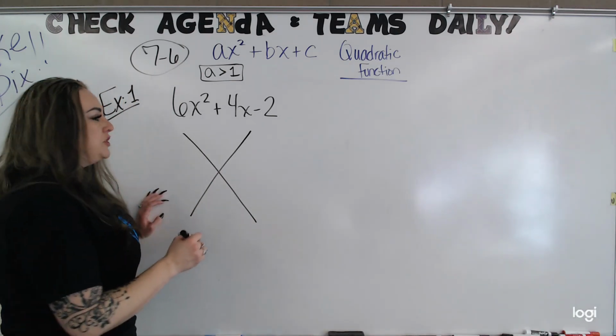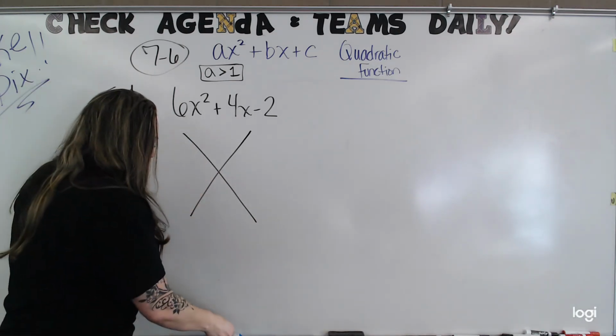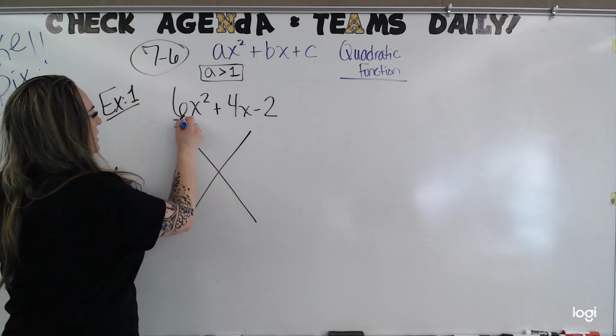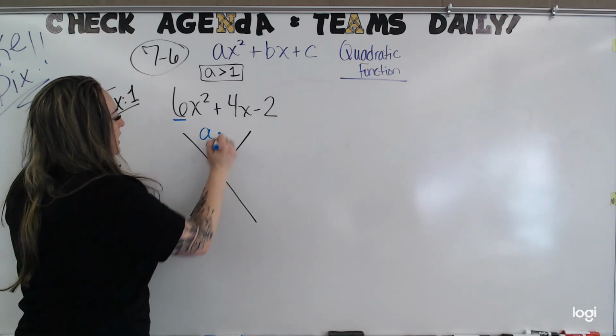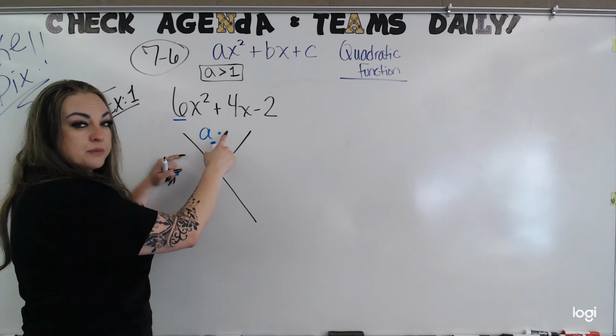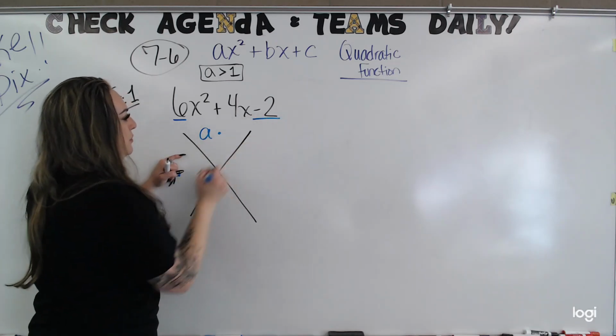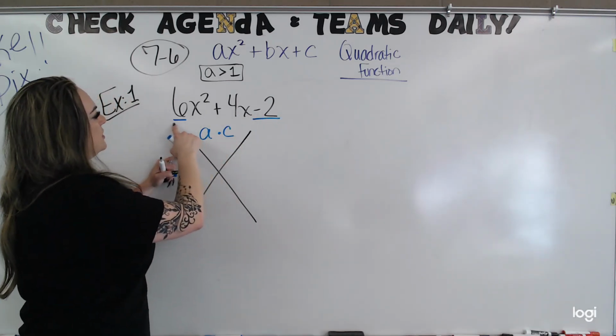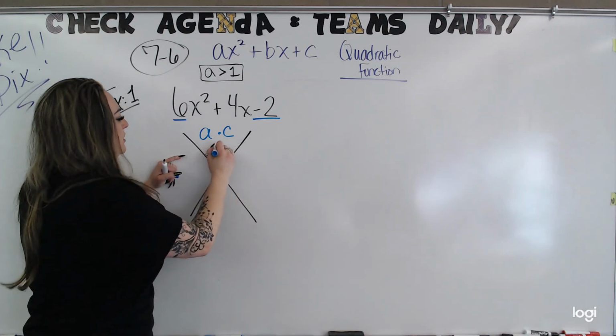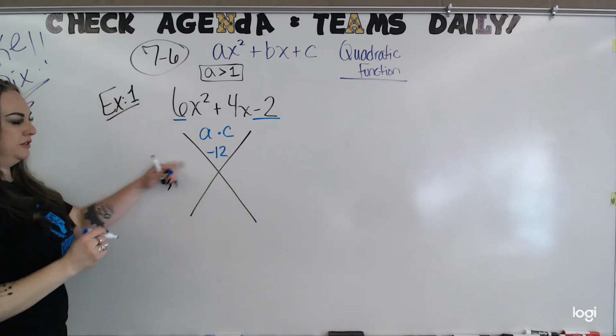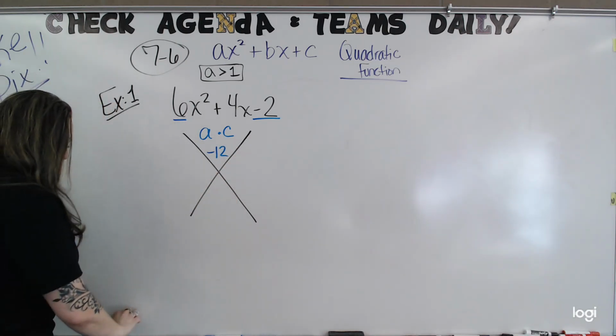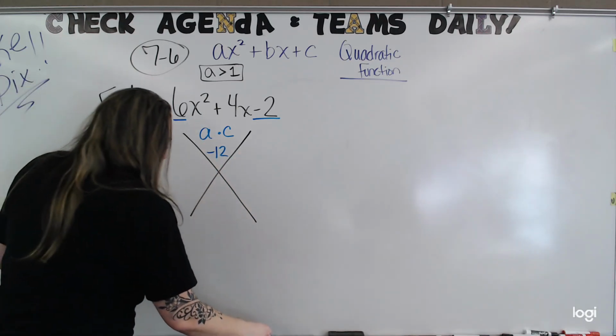What we're going to do is take our a value and multiply it times the c in the polynomial. So 6 times negative 2 is negative 12. That goes in the top of the x.